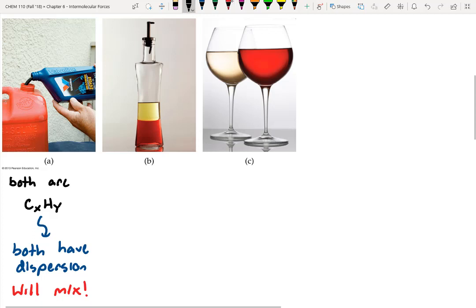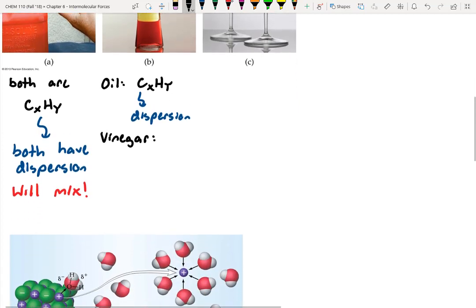The next one is that oil and vinegar situation we were talking about. All right, so let's describe what the oil is. If we think about oil, it's actually pretty similar. It's mostly a hydrocarbon. So it's CxHy, which we said was dispersion. All right, and then vinegar. Let's draw out the actual compound for vinegar.